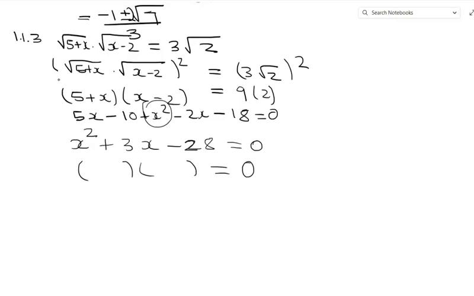Okay, 4 and 7 give us 28. So one of them has to be negative. So we're going to have (x plus 7)(x minus 4). This is going to give us x is equal to negative 7, or x is equal to 4.